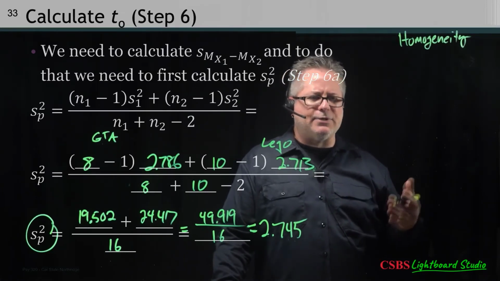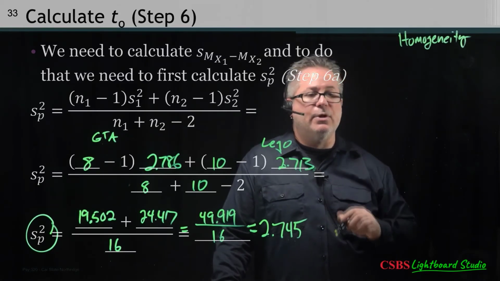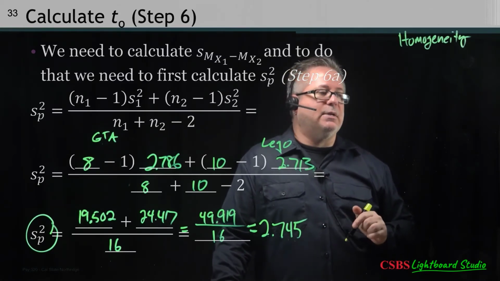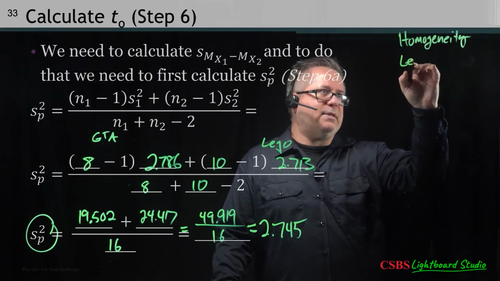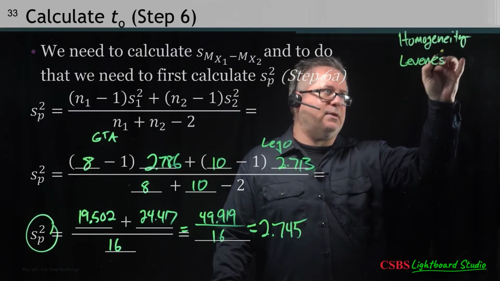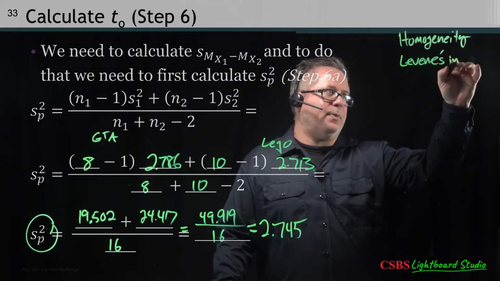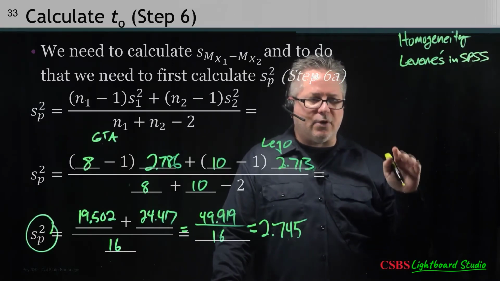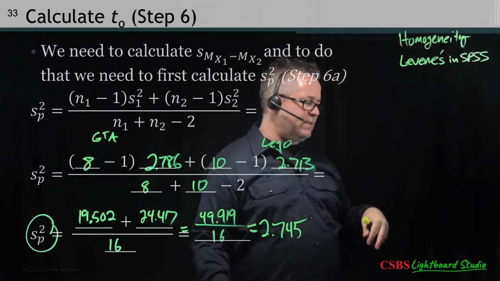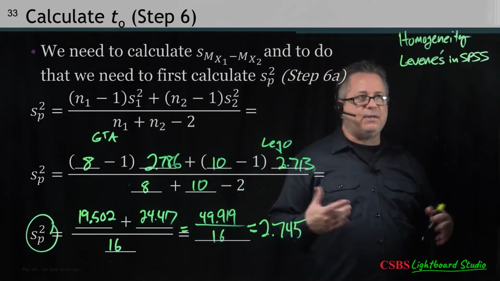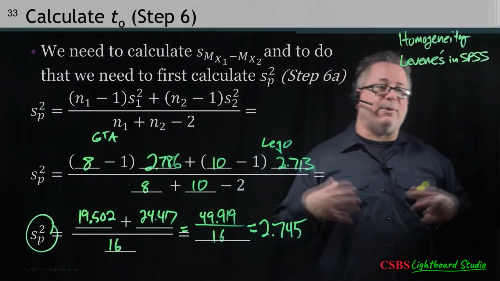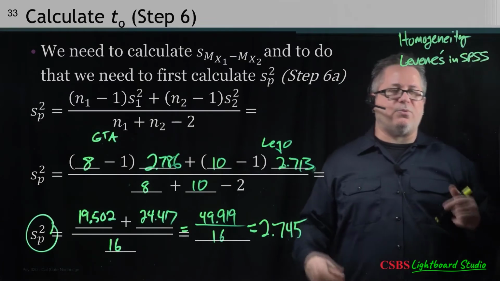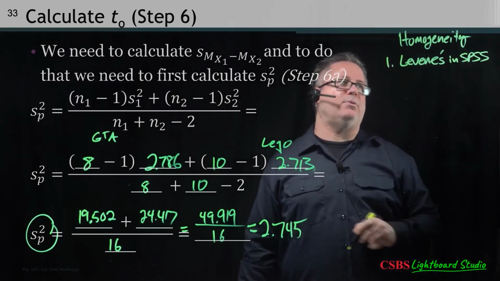It's like Levene's test of homogeneity of variance that comes with your t-test, right? And that's covered in the labs. And you want Levene's test to not be significant. Significance here tells you that the variances are significantly different. So one way is through Levene's test.